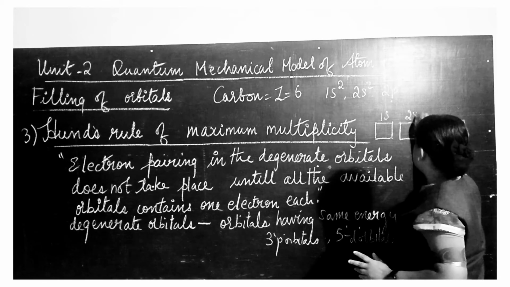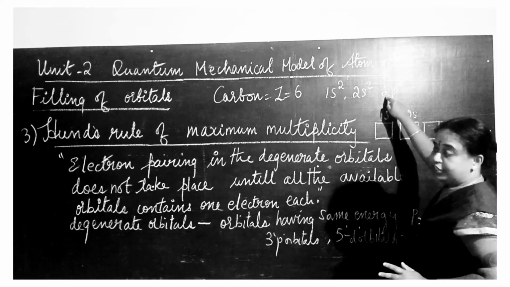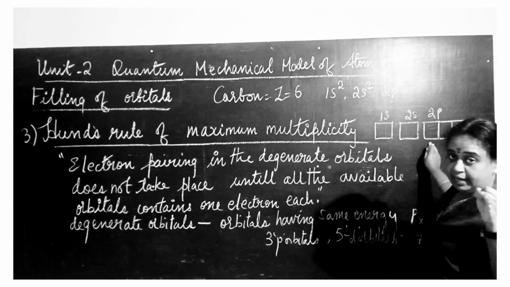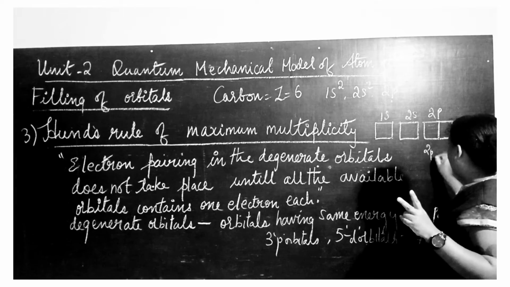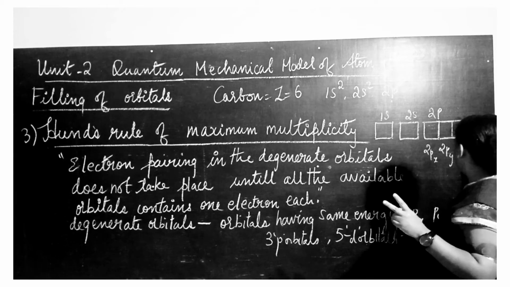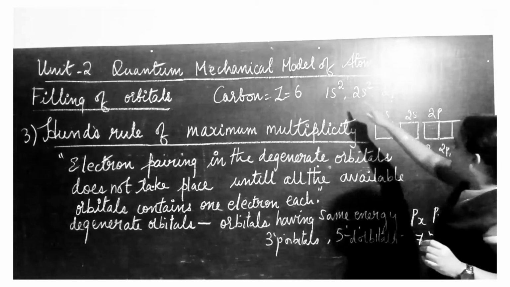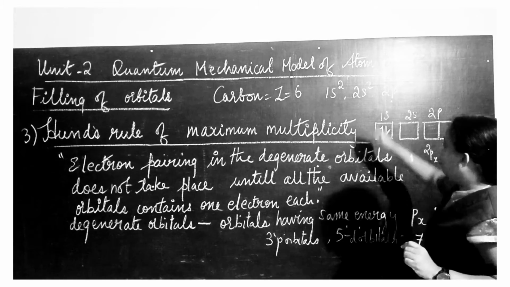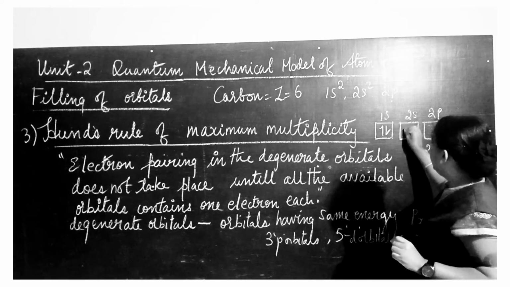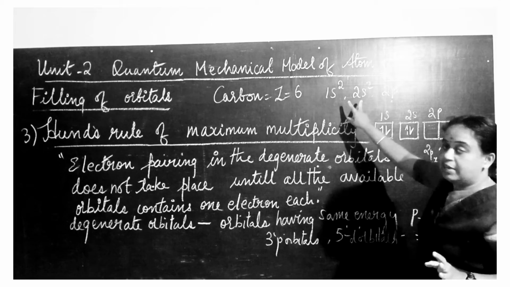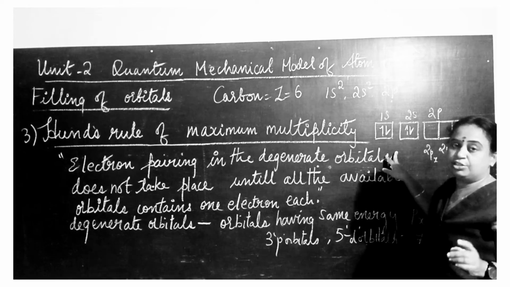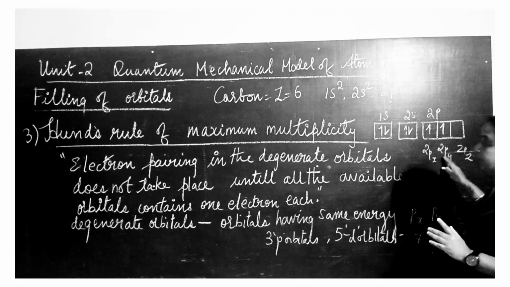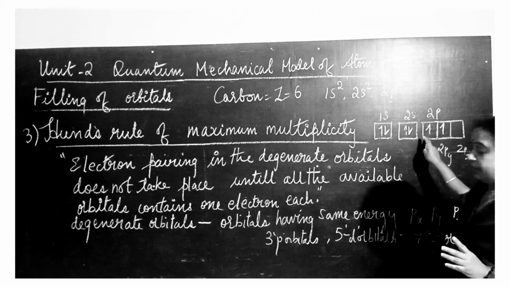This is 2s, second shell s orbital, and third orbital. So they are not placed together in one orbital.